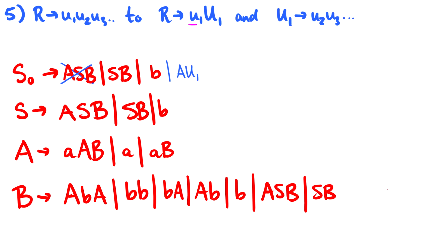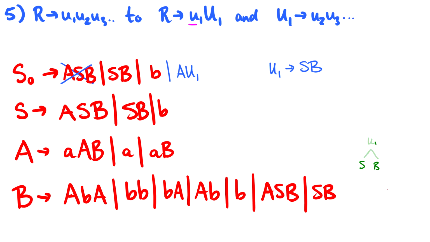But then we're going to add a new rule, U1, that goes to whatever we've deleted, SB. So essentially now, instead of getting a structure that is ASB, we now have a binary branching structure A U1, and U1 now goes to SB. So we're making this conversion here. And this is for all rules that have more than 2 terminals.